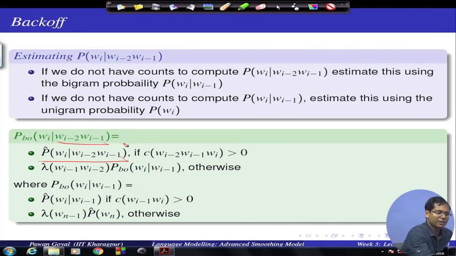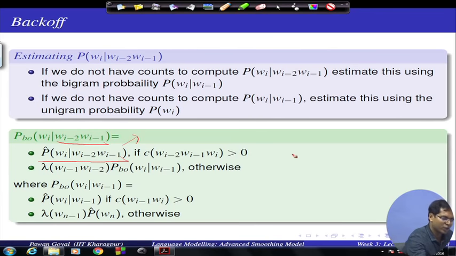Now what is p hat? This is similar to the maximum likelihood estimate, but something has been subtracted from it. Some probability mass has been stolen from there, so that it can be given to the other counts. Why do we need that? Suppose you are computing this trigram Backoff probability model.